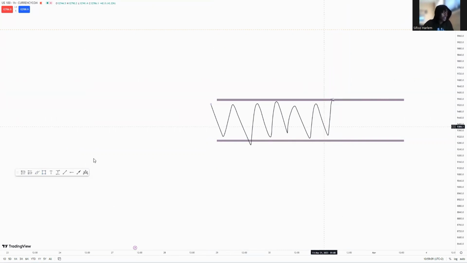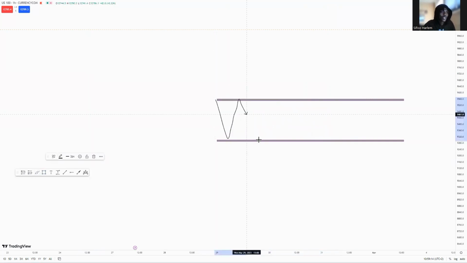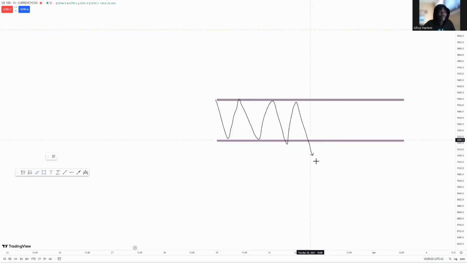Same thing with a close below. Price is holding support and resistance until price impulsively closes below our support zone with a bear engulfing candlestick.